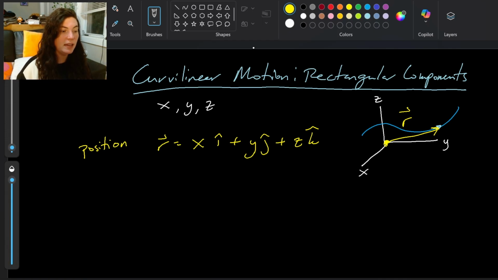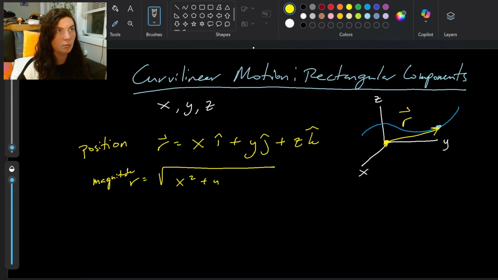We can get the magnitude of this position by taking a square root of the squares. The magnitude of r is going to be the square root of x squared plus y squared plus z squared.